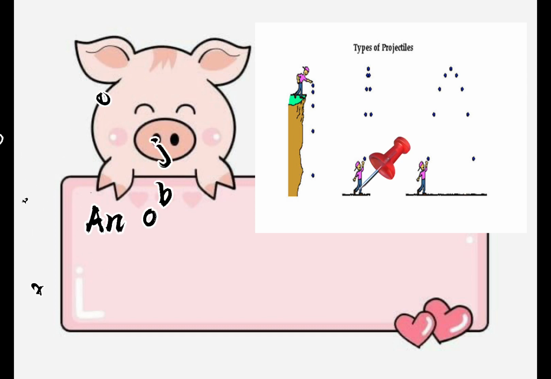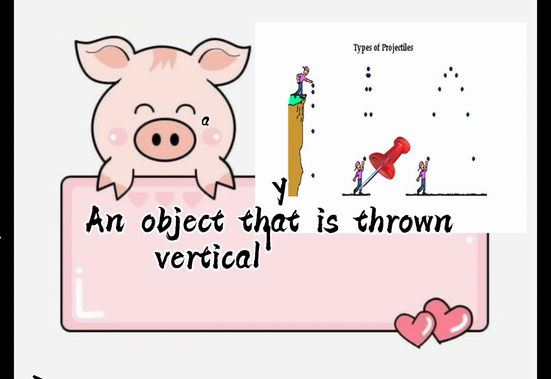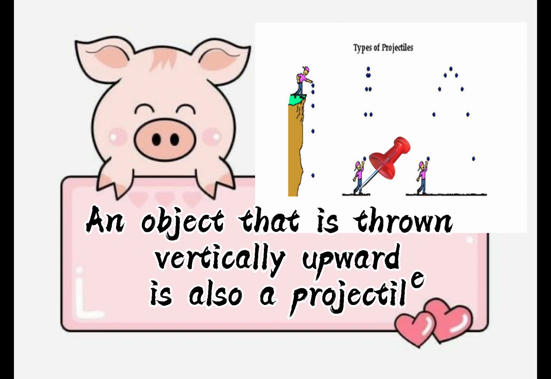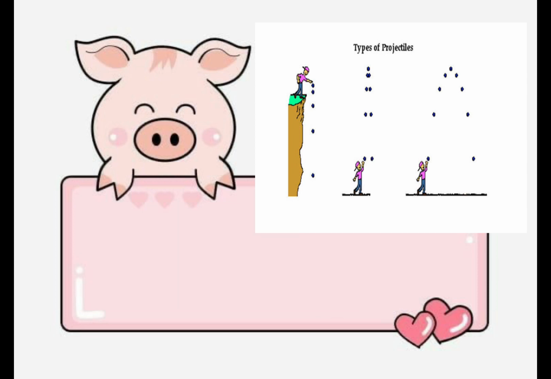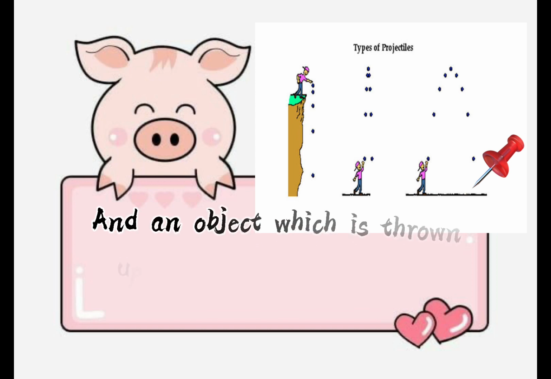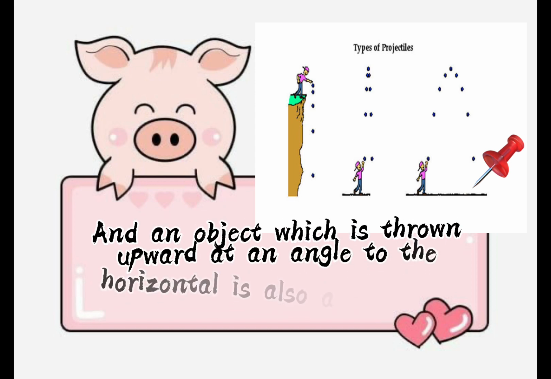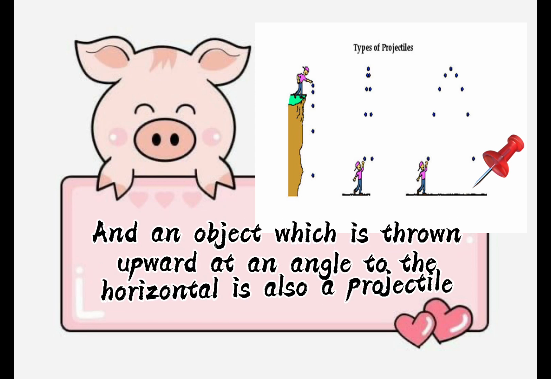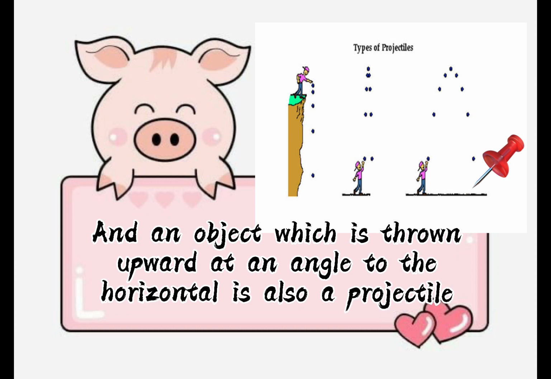An object thrown vertically upward is also a projectile, provided that air resistance is negligible. And an object thrown upward at an angle to the horizontal is also a projectile, provided that the influence of air resistance is negligible.